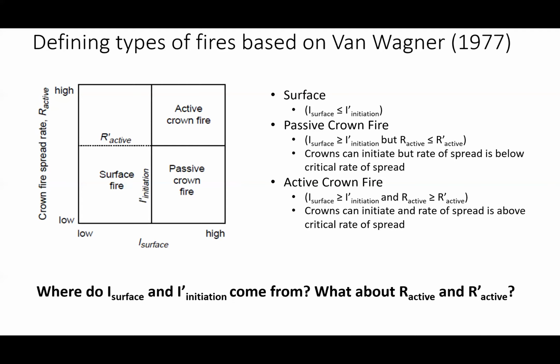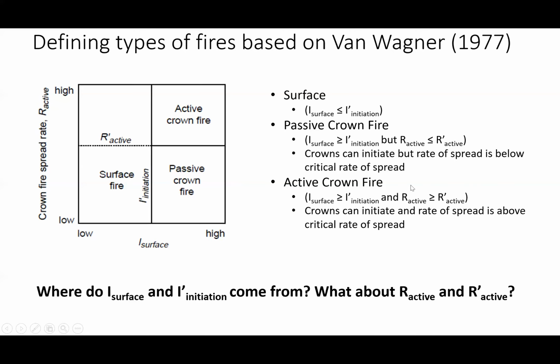And so I've got another slide. We can delve into that parameter a little bit more. But basically, it's based on the bulk density of the canopy, and this critical value or physical limit that Van Wagner identified. We'll look at that on the next slide. The other part of that is the R active.